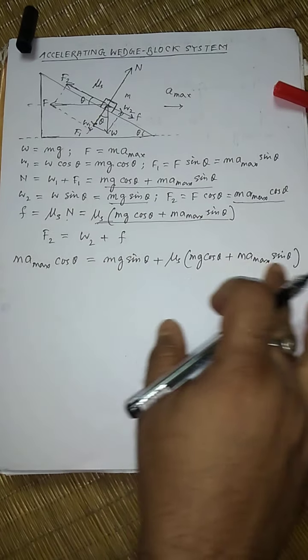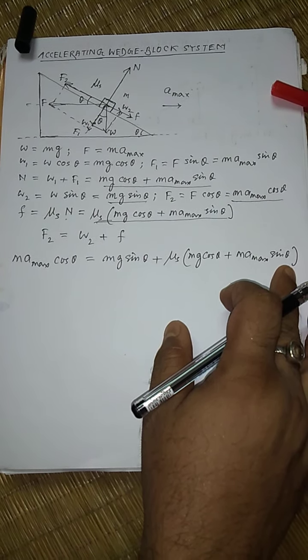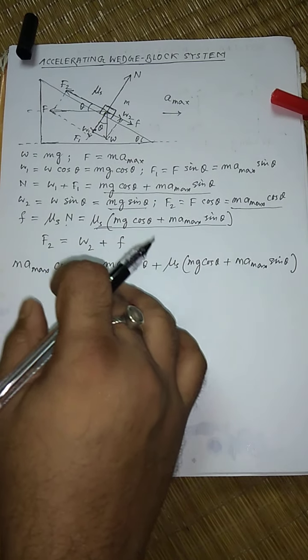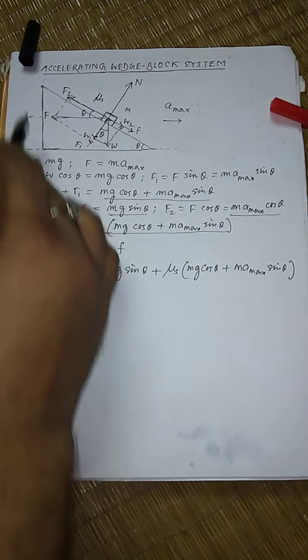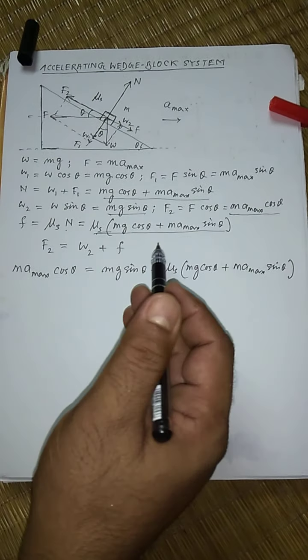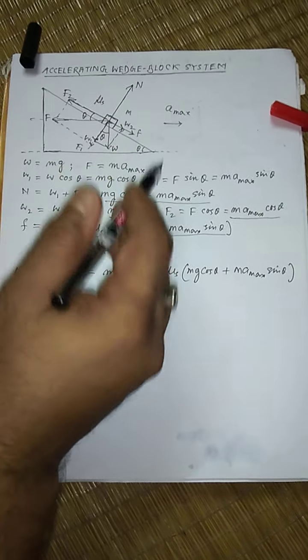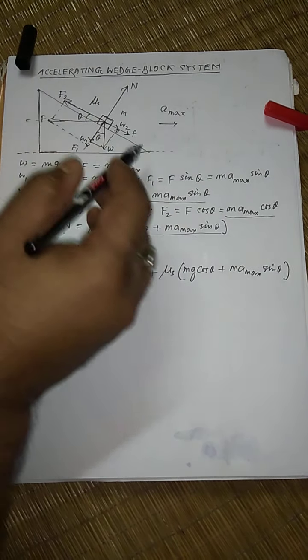Now from this equation, we can find the expression for the maximum horizontal acceleration of this wedge, for which the block can just be prevented from sliding up the inclined surface of the wedge.